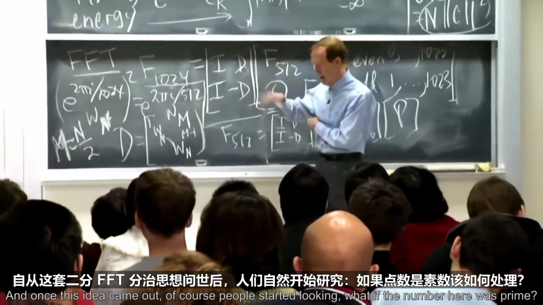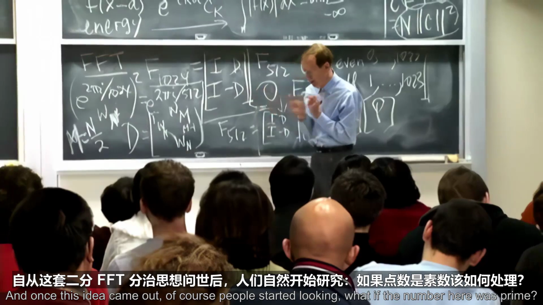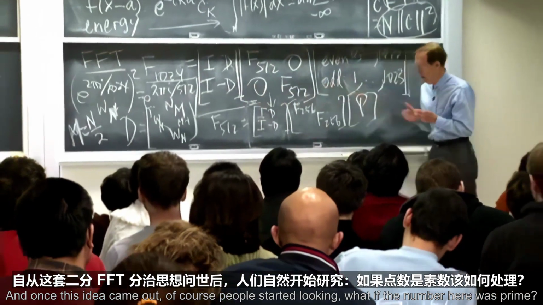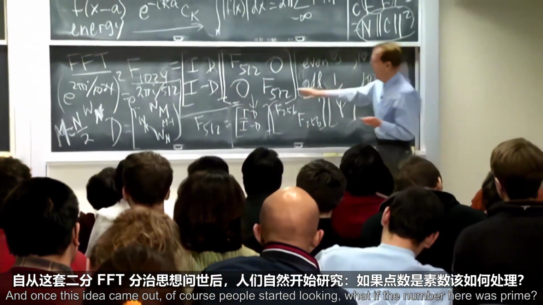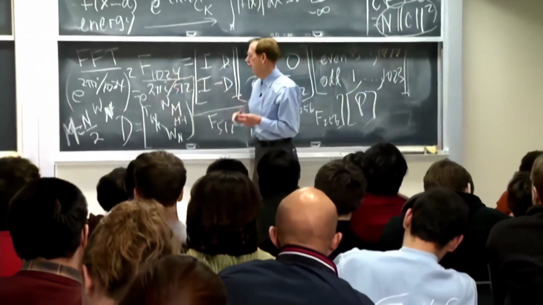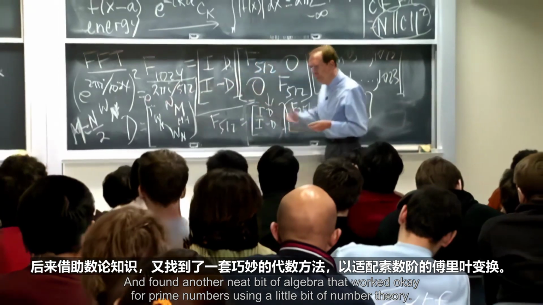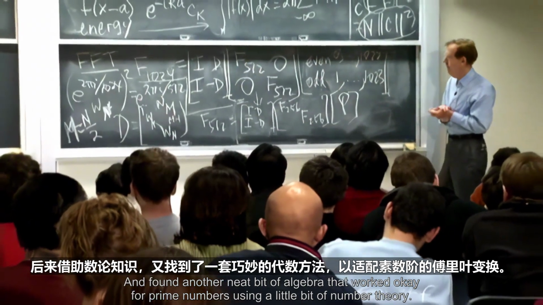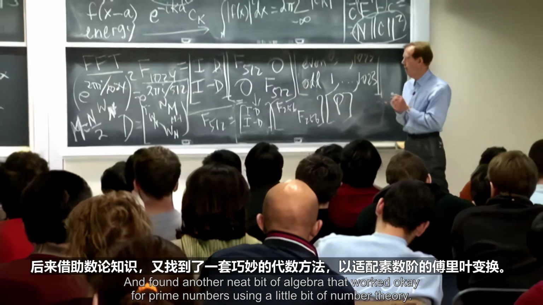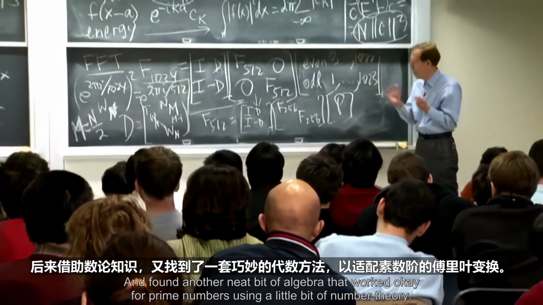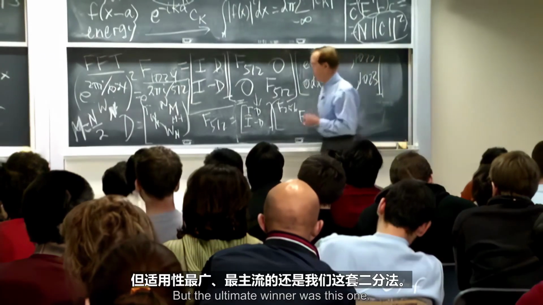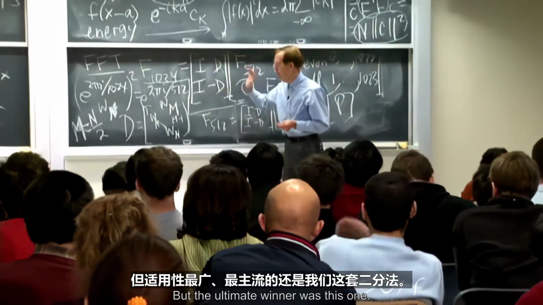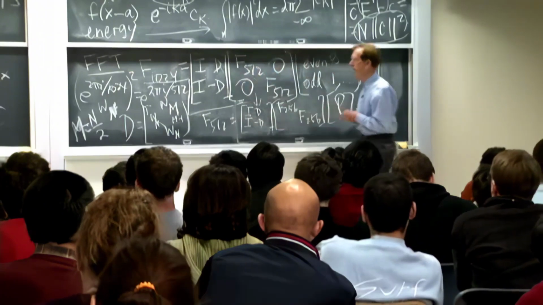Once this idea came out, of course, people started looking. What if the number here was prime, and found another neat bit of algebra that worked okay for prime numbers using a little bit of number theory. But the ultimate winner was this one.